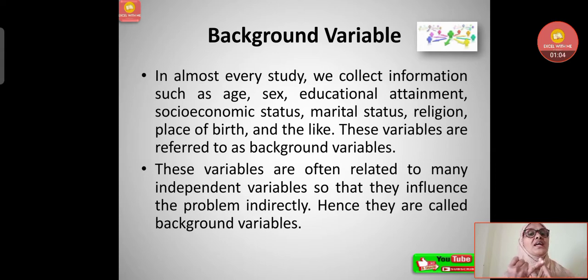That means age, sex, educational attainment, socio-economic status, marital status, religion, place of birth and n number of such categories we can take as background variables. These variables are often related to many independent variables so that they influence the problem indirectly. Hence they are called background variables.